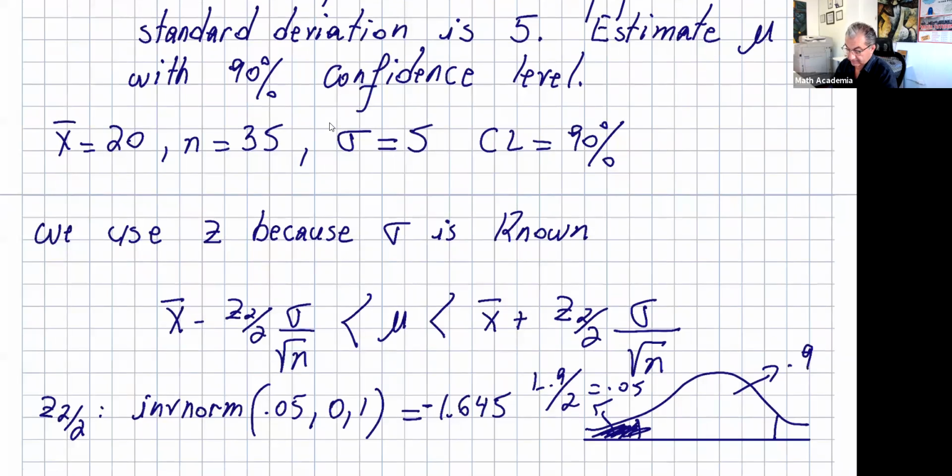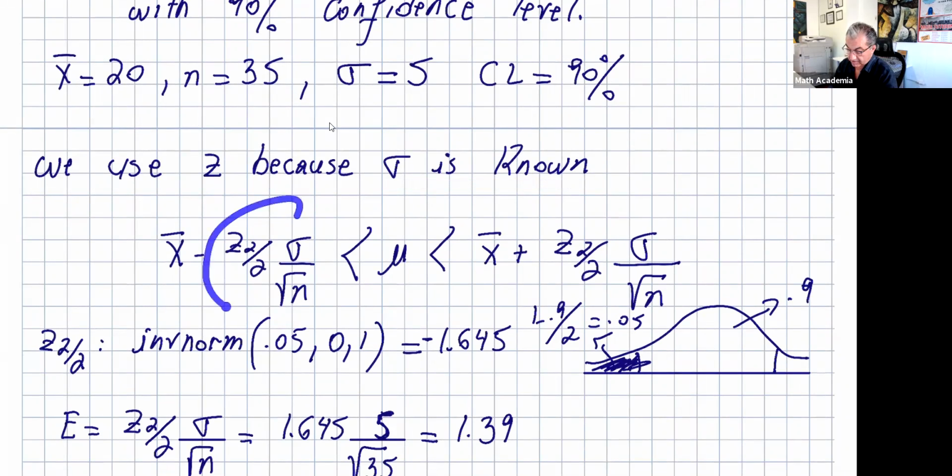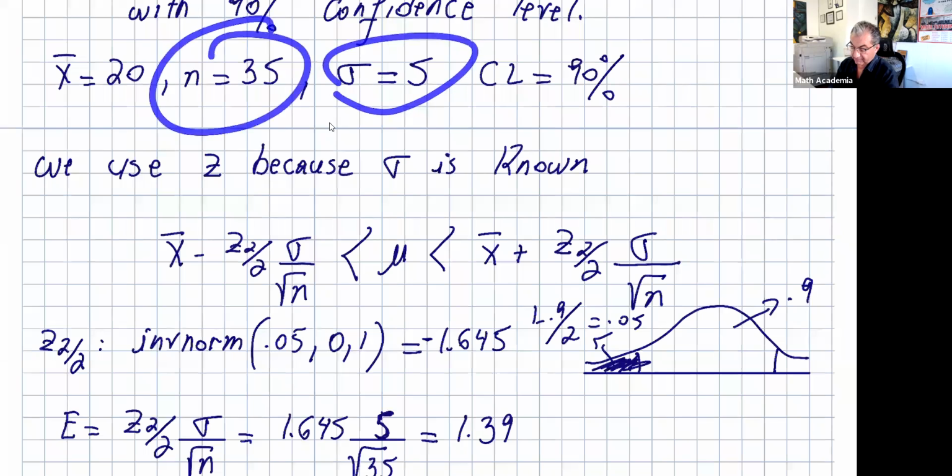So the interval is going to be x bar minus z sub alpha over 2 times sigma over square root of n, and x bar plus z sub alpha over 2 times sigma over square root of n. We have sigma and we have n.